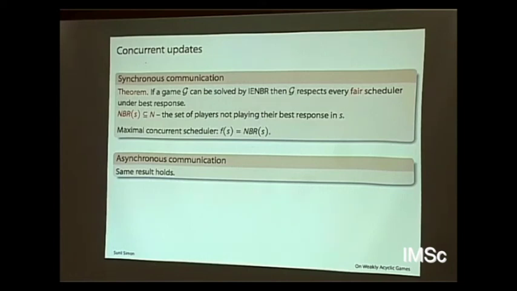That again is not a characterization because it doesn't go the other way around. So getting a structural characterization for weakly acyclic games, I think, is very important. And what we hope is that using schedulers, you can make some progress on this front.